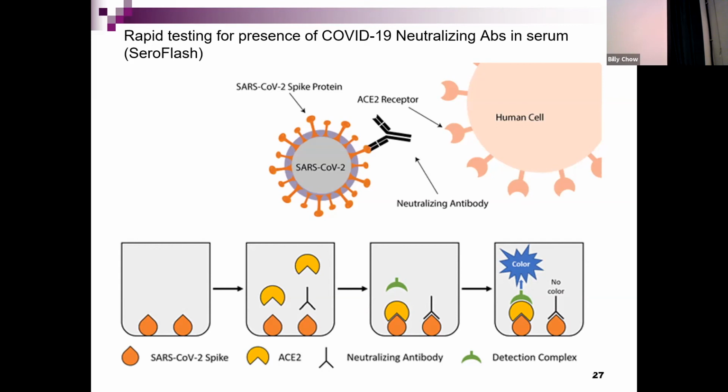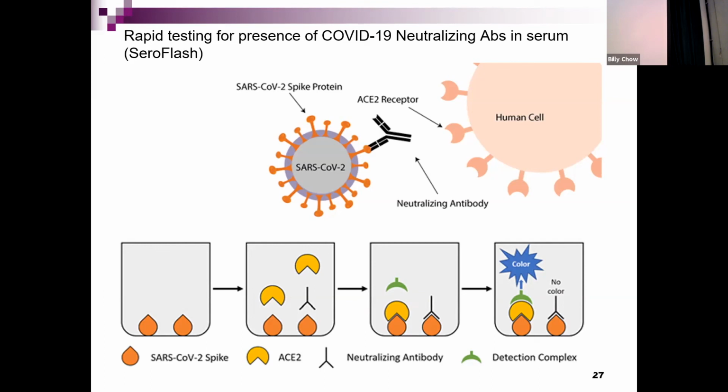And because of that, there will be no color developed. But without the neutralizing antibody, the ACE2 is capable of interacting with the spike protein. And then if you use a secondary antibody for detection, and you put in the chromogenic substrate, then you can generate color.